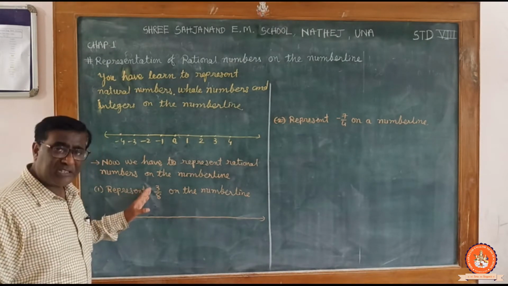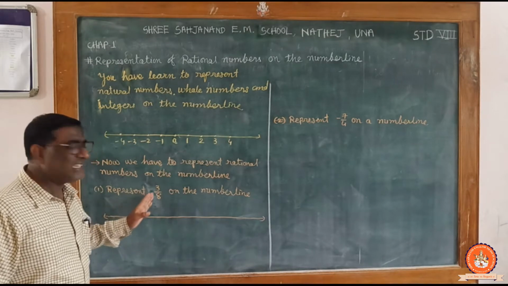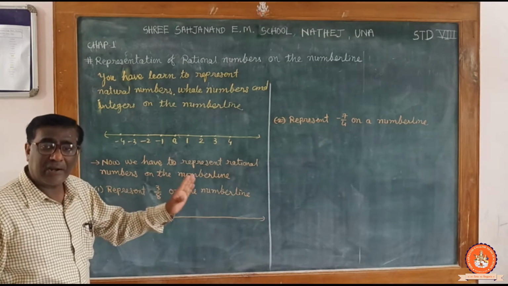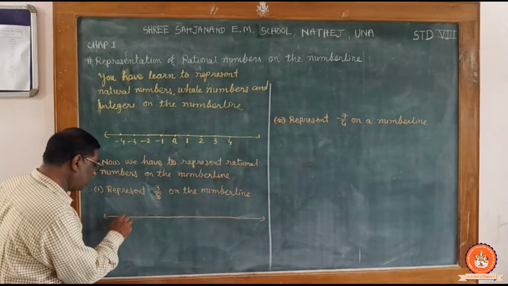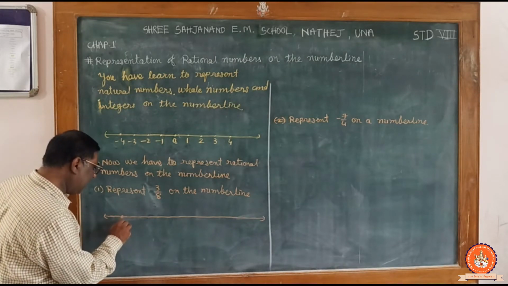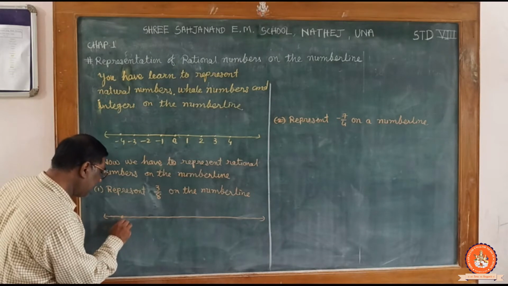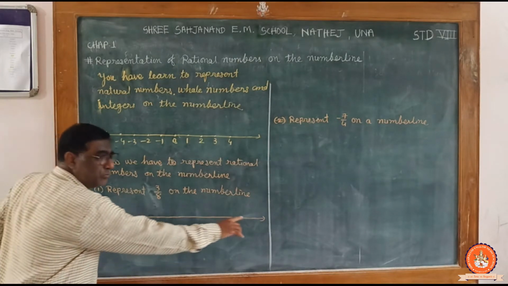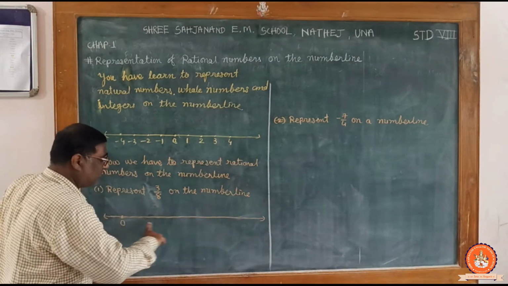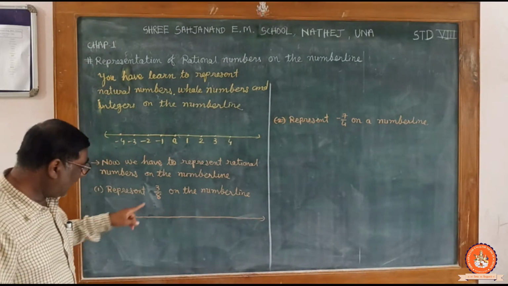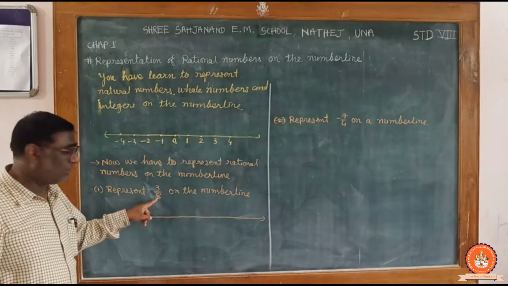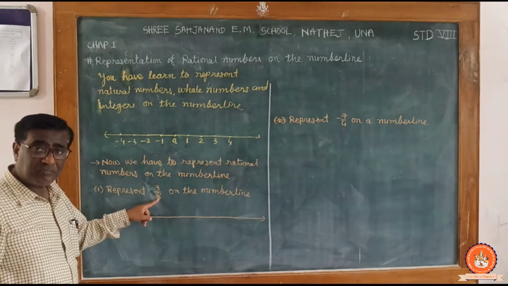Now it's positive, so it lies between 0 and 1. So let us start with 0 to the left hand, and 1 should be there to the right hand side of it. Okay. Now my friends, how to represent? Look at the denominator. It is 8.